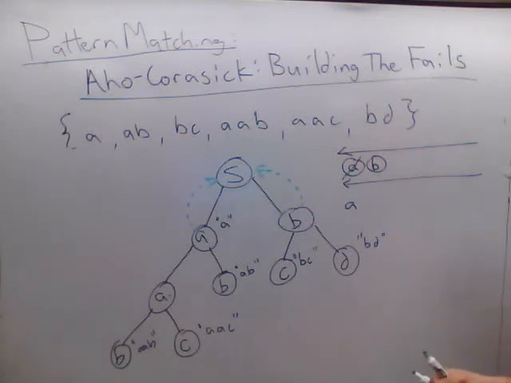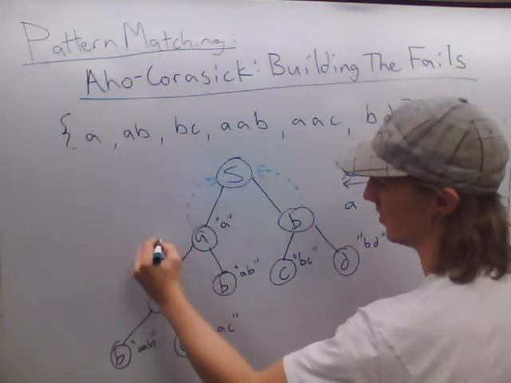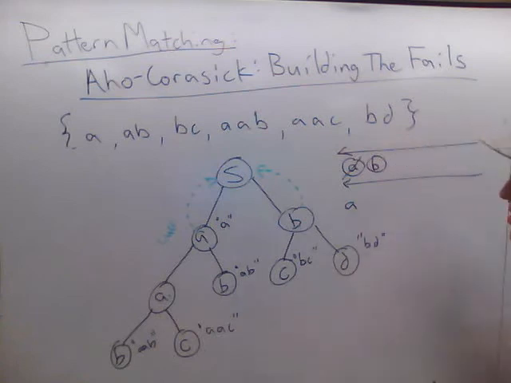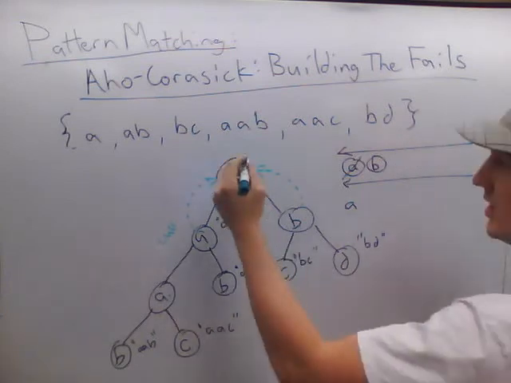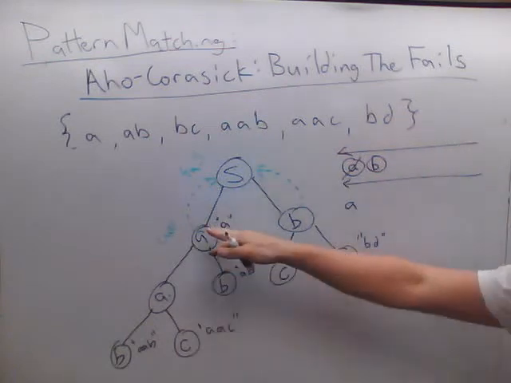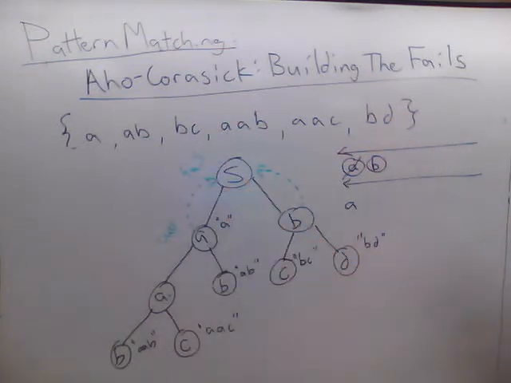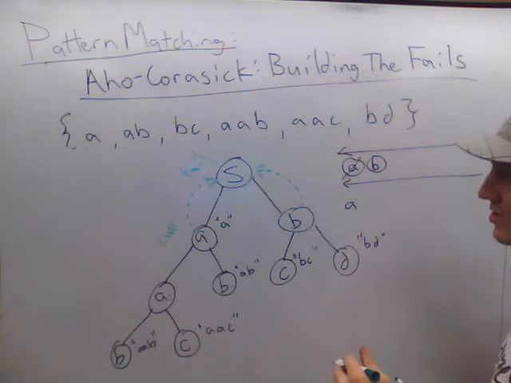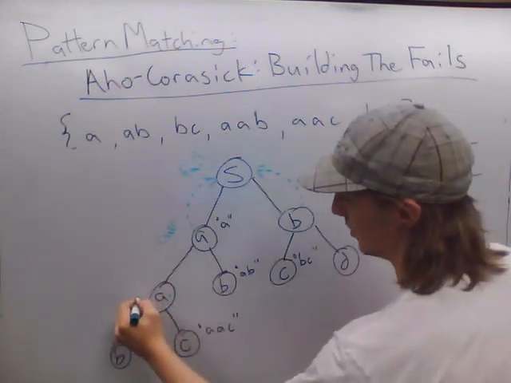Now this is going to be our current node, and we're also going to have a variable for our fail node. Well, that's just denoted by this green line. Now for each of its children, we're going to do the following. So this is going to be the first child.